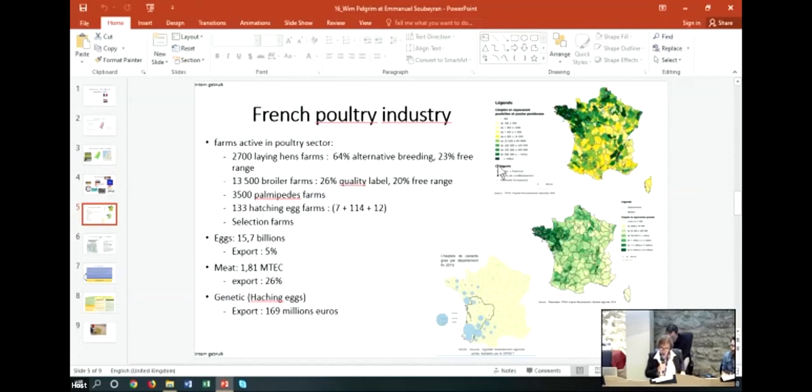You can see that the west of France concentrates a large number of farms: Brittany, the Loire region, New Aquitaine and Occitanie.